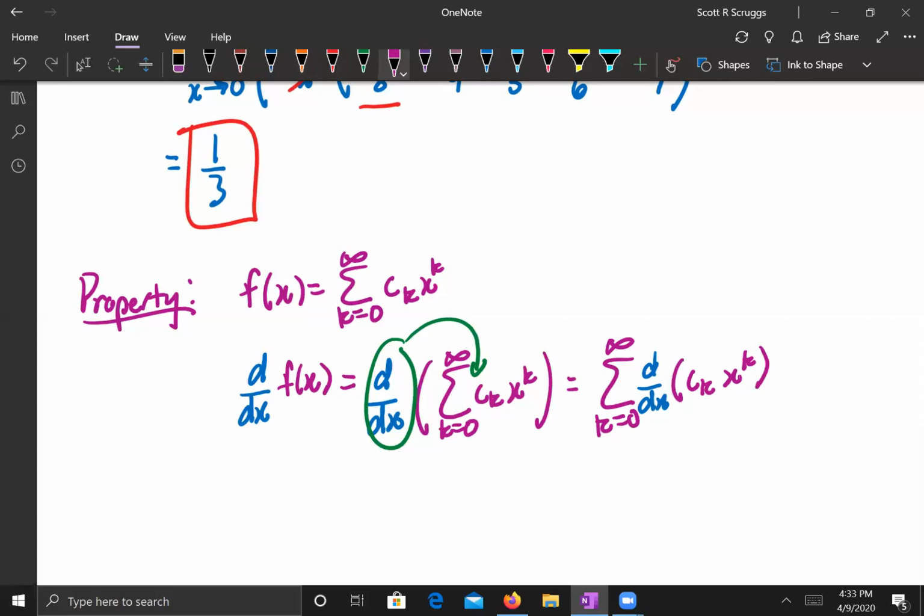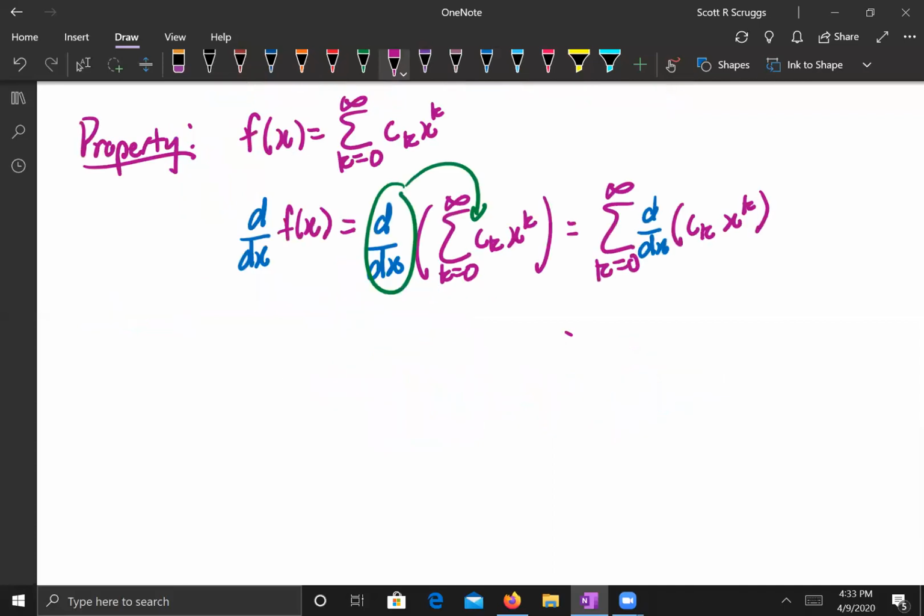And I take derivative of that. And since they're polynomials, I use power rule.